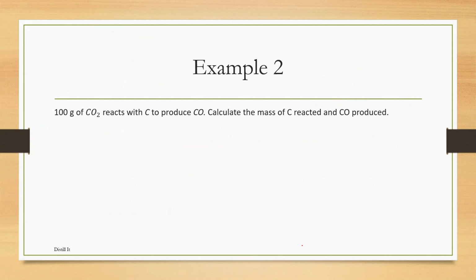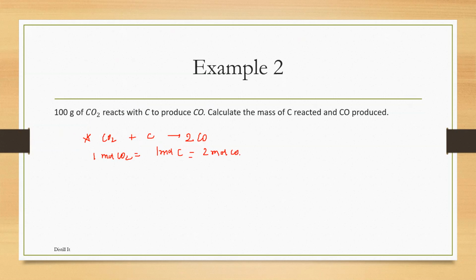We have carbon dioxide which reacts with carbon to produce carbon monoxide. So the stoichiometry of this particular reaction is given by carbon dioxide plus carbon gives you carbon monoxide. This is the reaction. All right. So that means 1 mole of carbon dioxide requires 1 mole of carbon to give 2 moles of carbon monoxide.